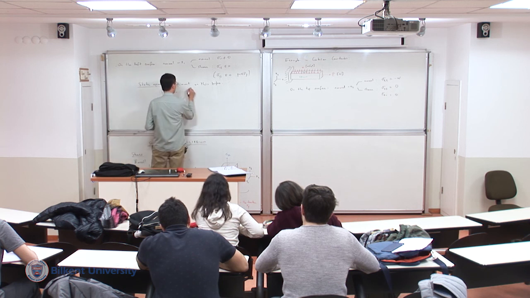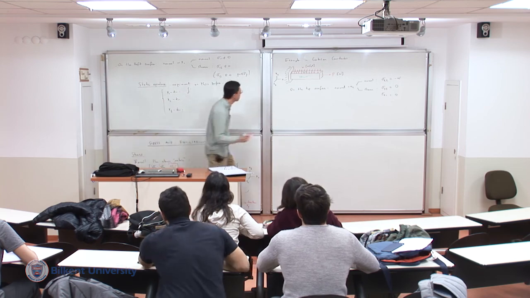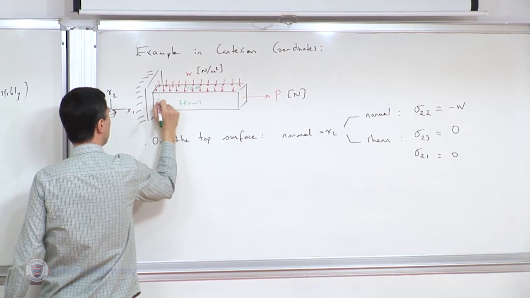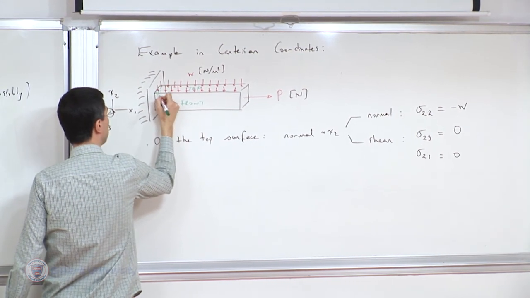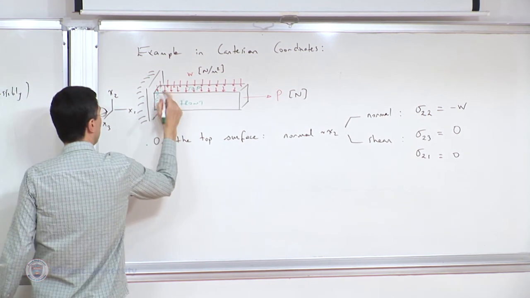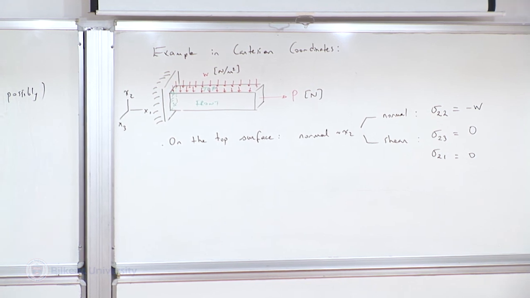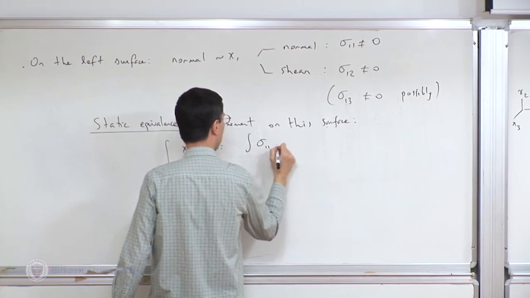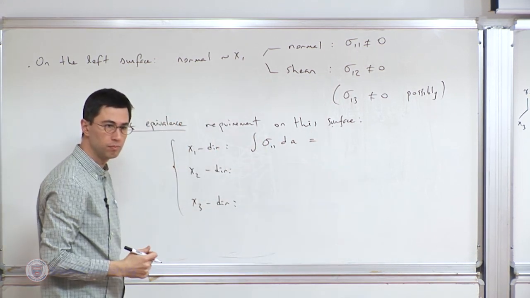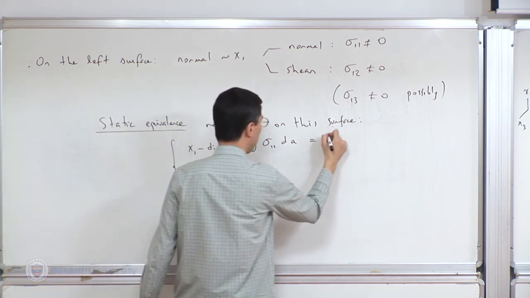So for instance, I'm integrating on the left surface, right? The left surface is, again, perhaps I should have made it a bit more clear. It's this surface on the left. Okay, so if I integrate on that surface sigma 1, 1, I should get P, okay?